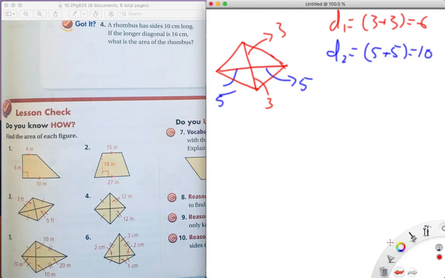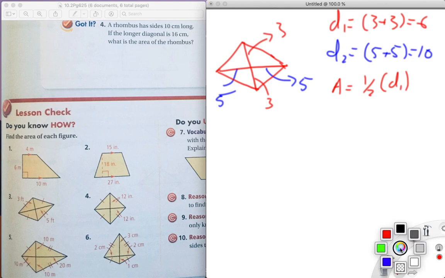And our equation for area of a rhombus is 1/2 d1 times d2.